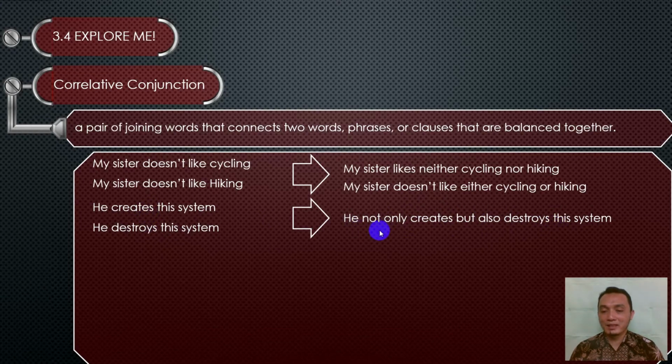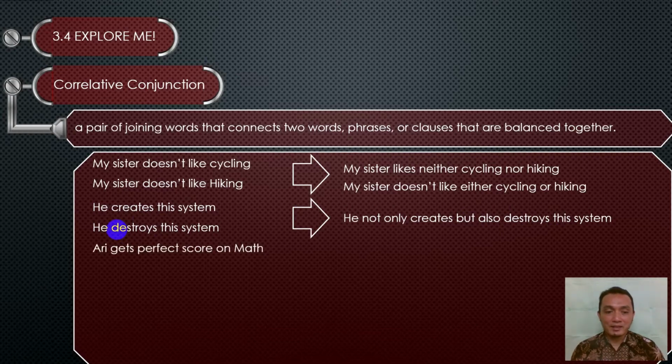So it will be a mistake if you make the sentence he not only create without s, or you use he not only creates but also destroy. No, that is incorrect. The correct one: he not only creates, similar, creates, but also destroys, similar with this, destroys.